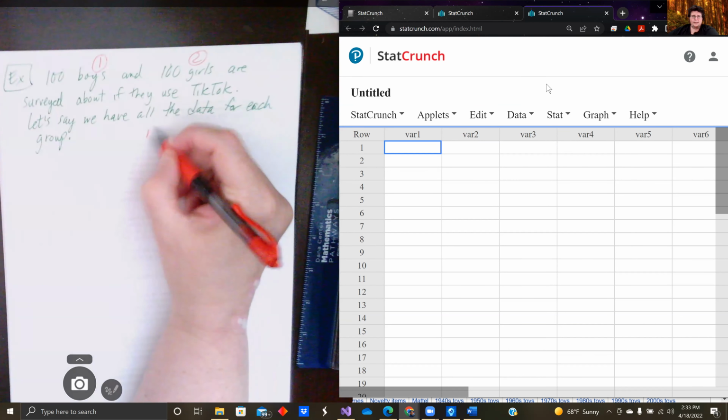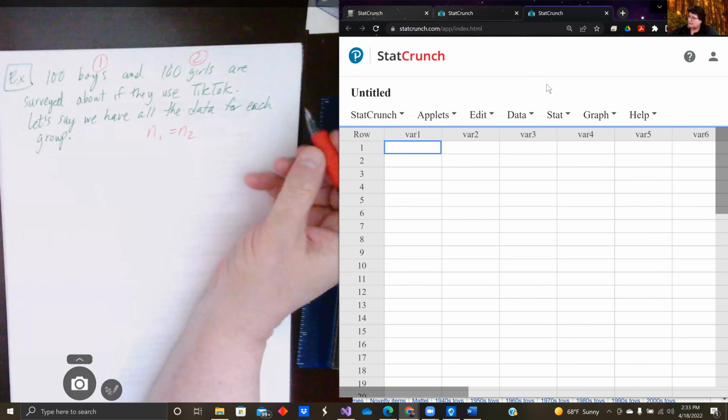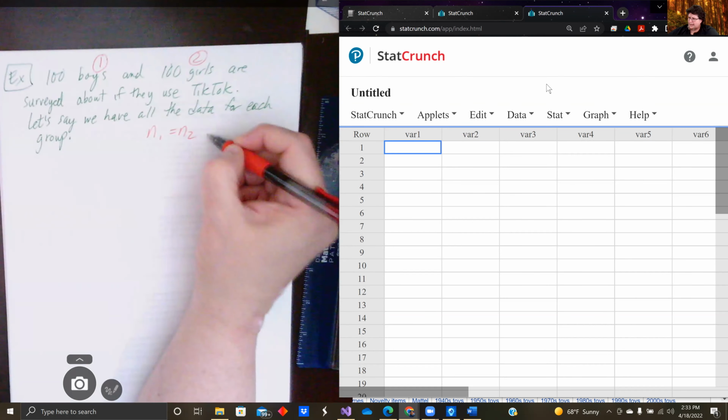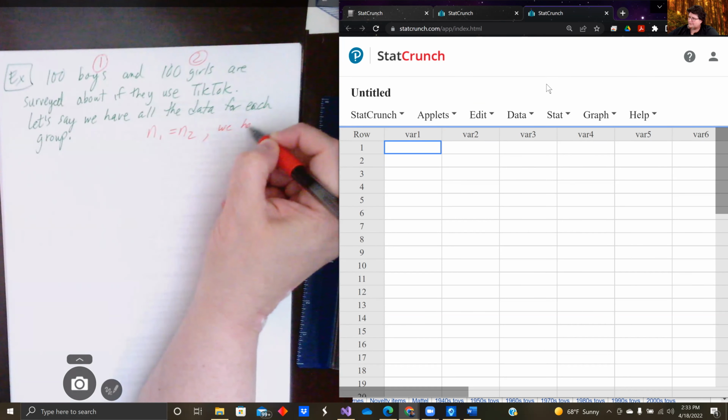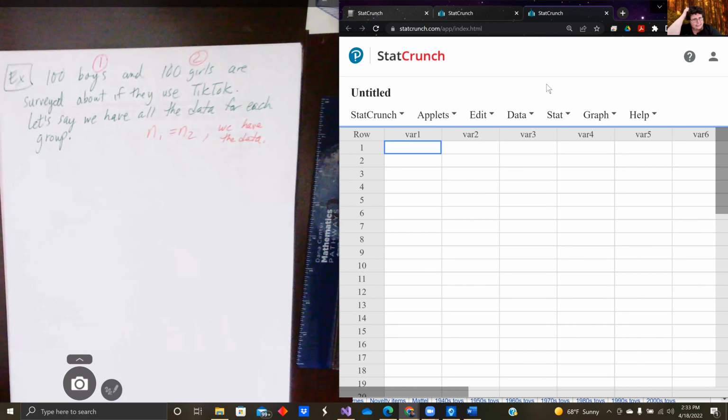So here, N1 equals N2. And we have the data. I didn't list it, but we have the data. Is there a dependence listed? In this case, there's nothing that actually indicates that they're related.